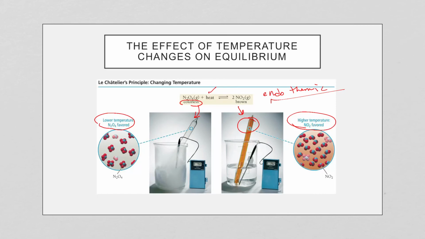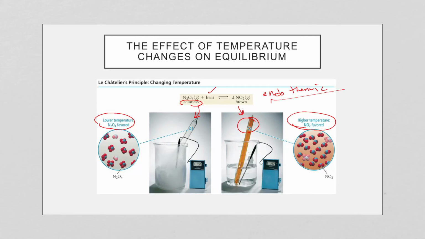So we can get this reaction to shift back and forth from the colorless N2O4 gas to the colored NO2 gas by oscillating the temperature. And we can illustrate the effect of changing the temperature on an equilibrium system, in this case for an endothermic reaction.